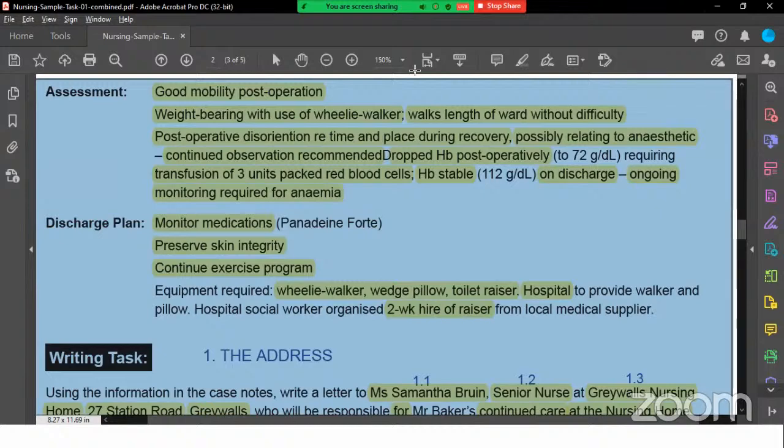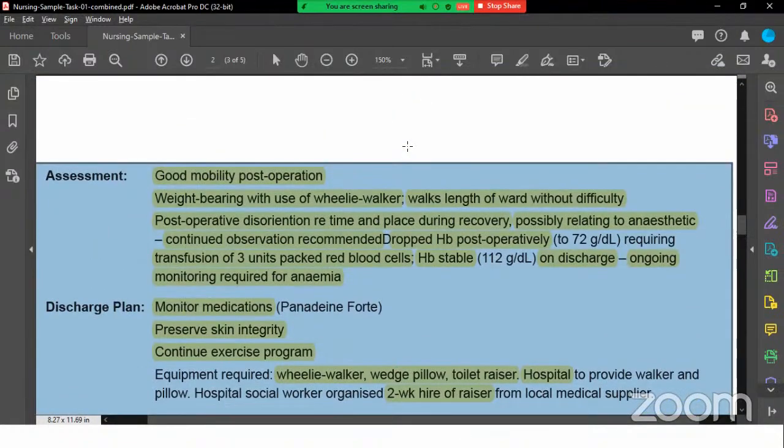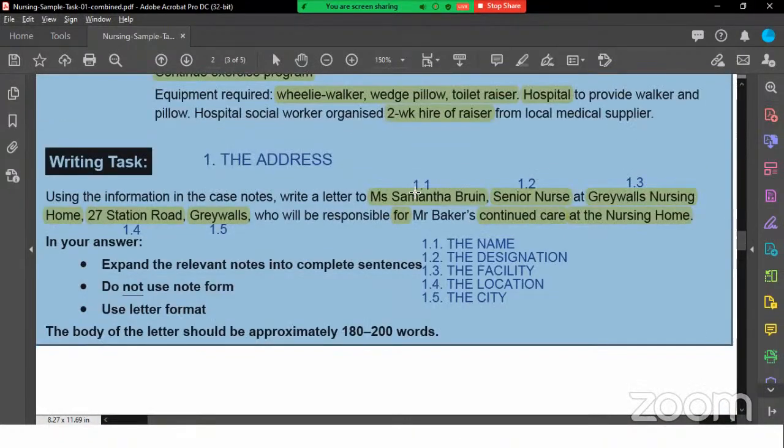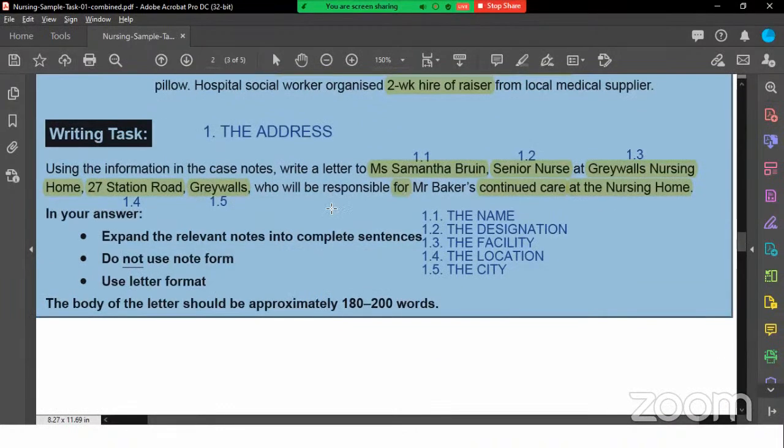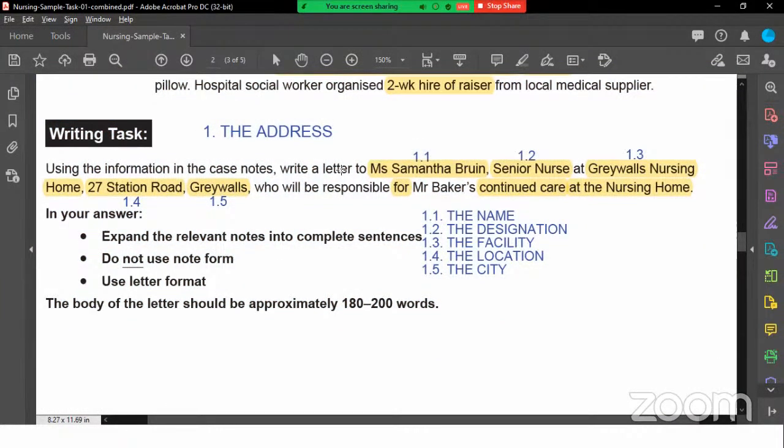We are back. Now, what type of letter is this? Write a letter, but what type of letter is this?